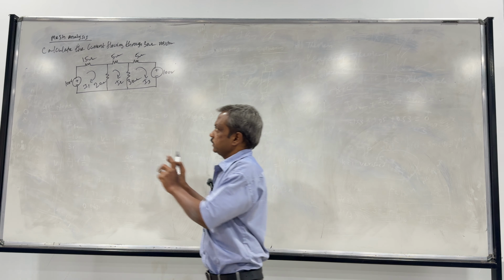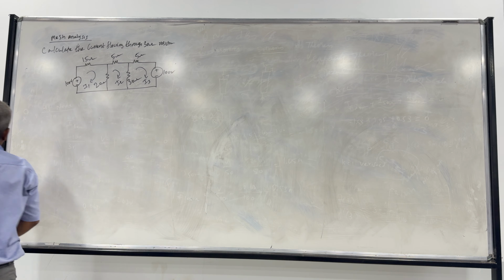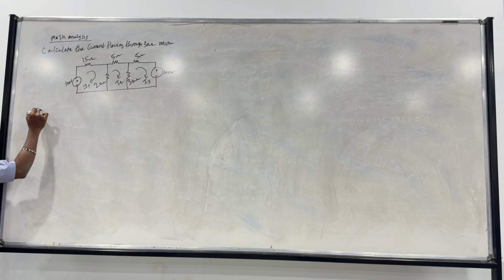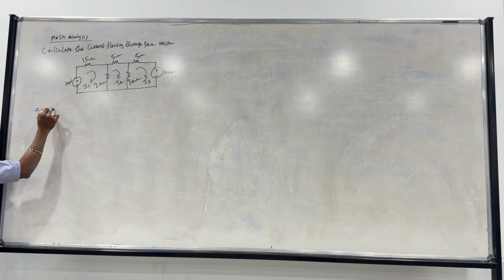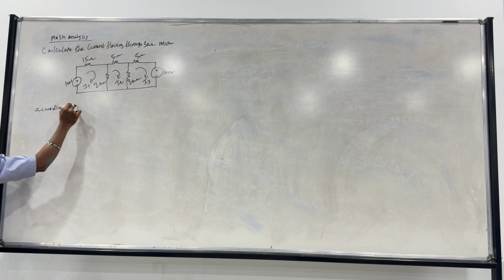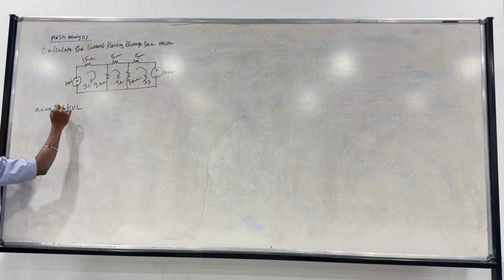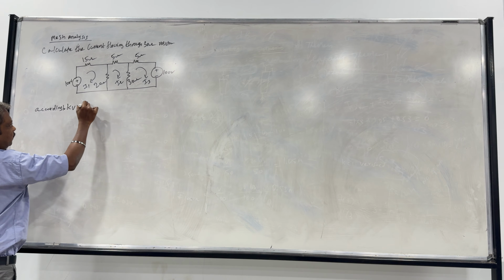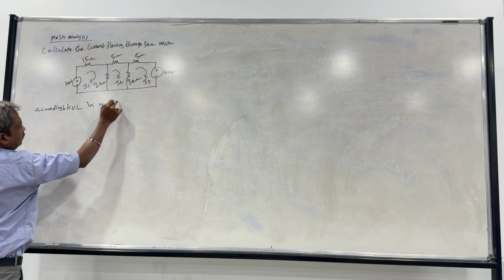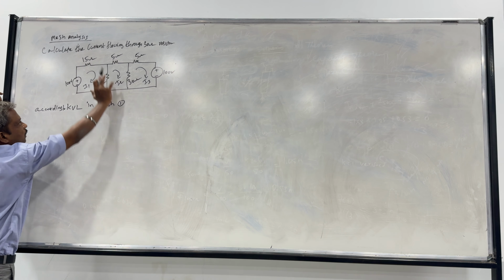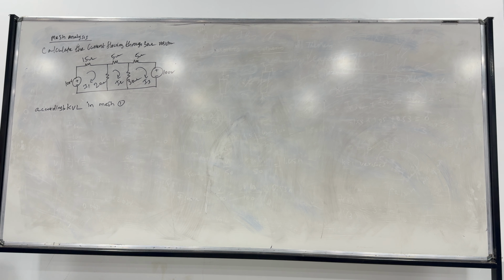Now I am writing equations according to Kirchhoff's voltage law. Now we are applying Kirchhoff's voltage law in mesh 1. I am starting here and I am consolidating all the potentials inside the mesh.